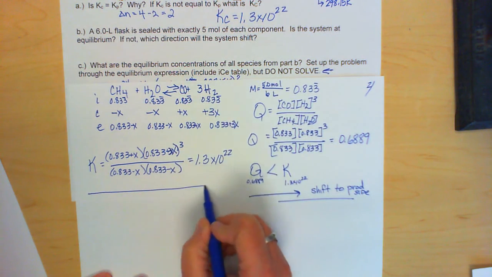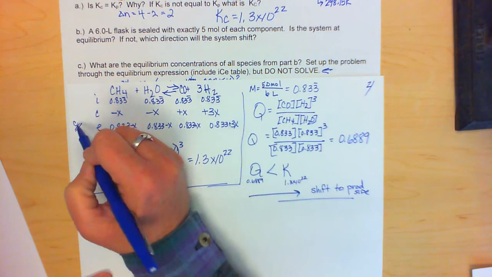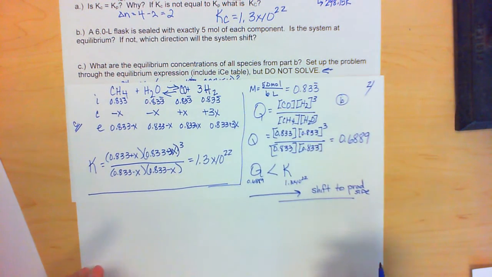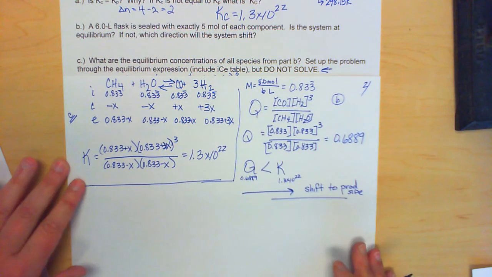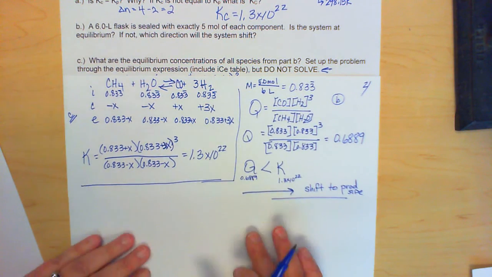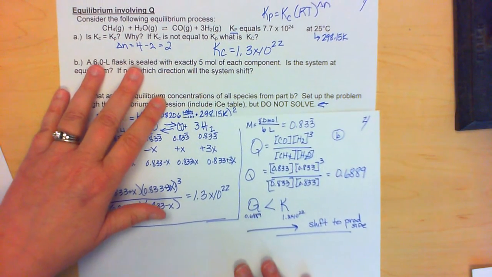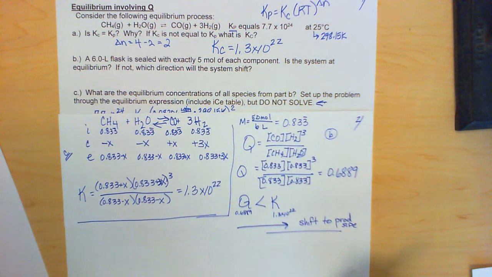So this part here would be part C, this would be part B, and I'm done with this problem because the math gets onerous. Could you do it? In theory, yes, given enough time. In a test situation, we don't have that much time, so I'm going to ask you just to set it up, but not to solve it.